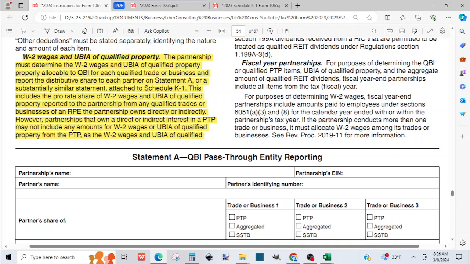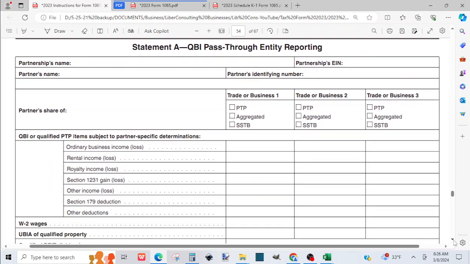So if you go through that, statement 1 for instance can be used for the Schedule K itself, and then you'll have a version for each Schedule K1. That's why you'll have the partnership name, partner name, and share of the partner.